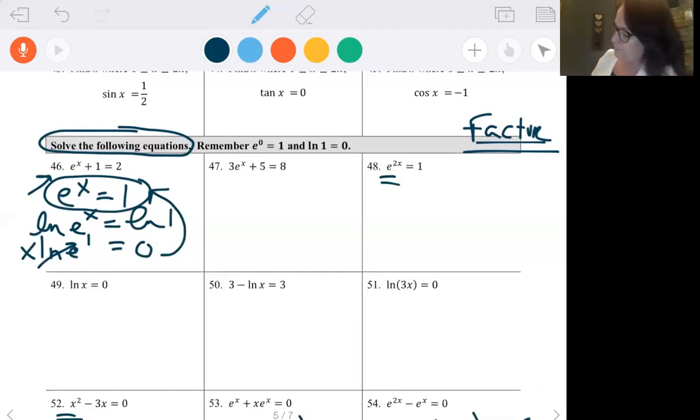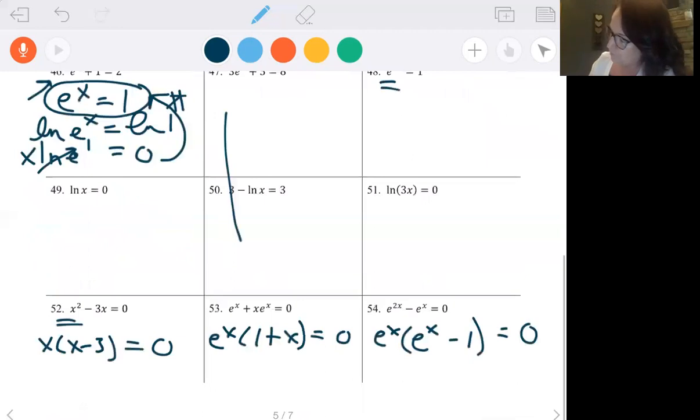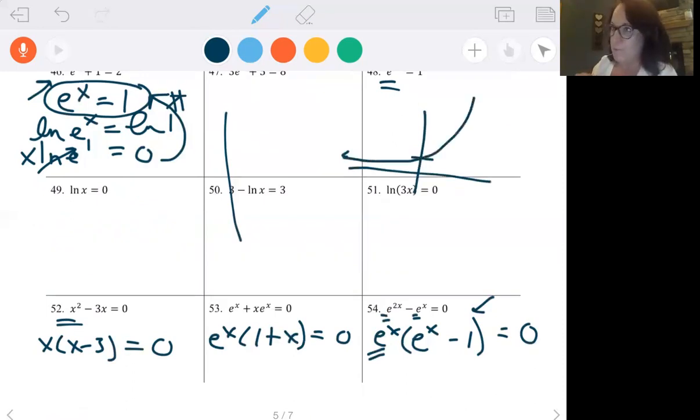All right, but anyway, let's go back down to this guy over here. Notice how I factored it. I noticed that I had e to the x living in both pieces of the difference, and so I factored it out. And then I look at, can e to the x equal 0? You should know it can't, either because you remember its graph looks like this, or you're thinking, what power can I raise e to get a 0?